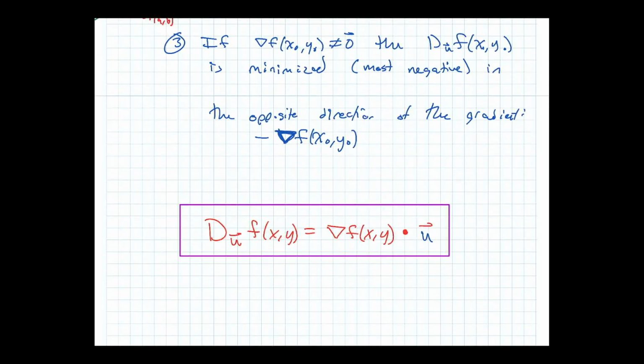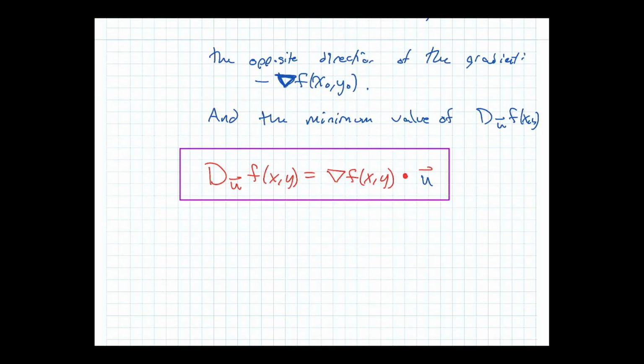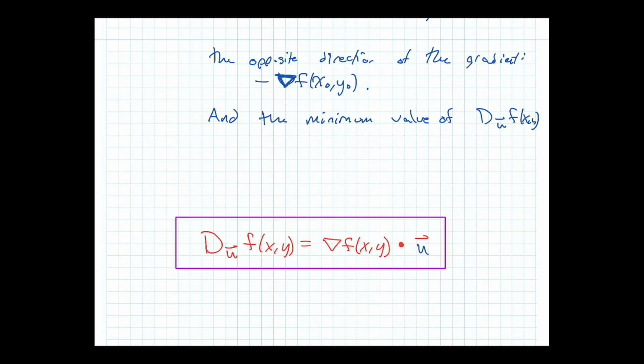Okay, and also we can do the minimum value as well, just like the other one where we said what the maximum value was. The minimum value of the directional derivative is negative the magnitude of the gradient.